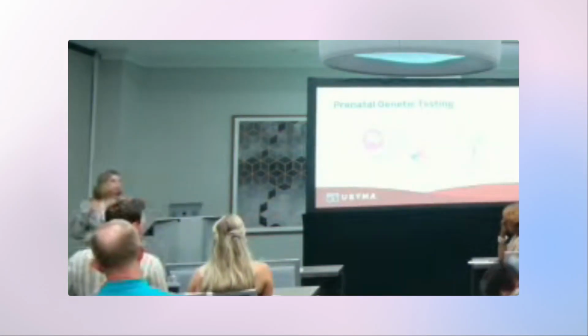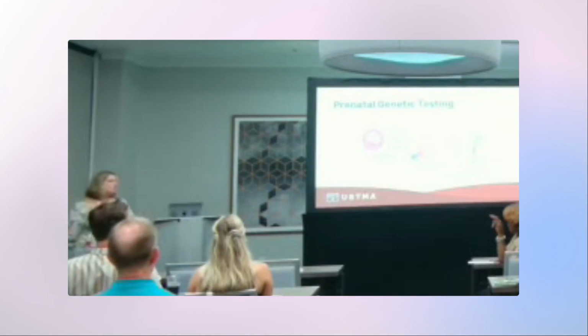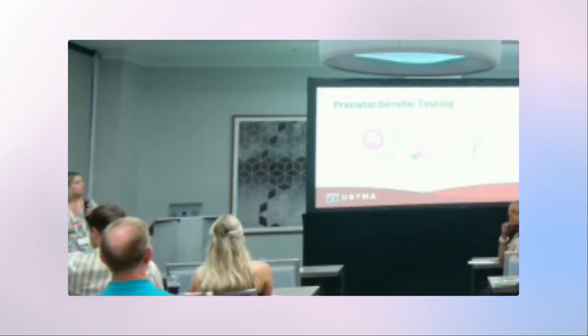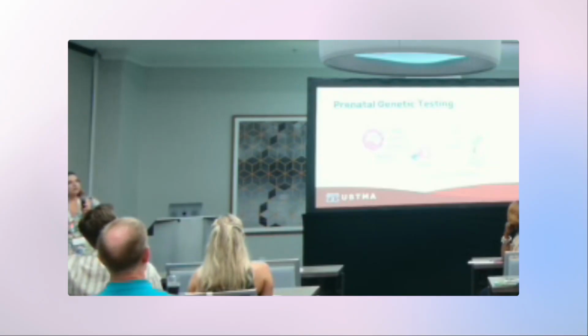Briefly, some people will choose to do prenatal genetic testing where they actually test an embryo. This is helpful when you know the specific genetic changes in the family. They're able to do IVF, where we take the egg and the sperm together outside of the body and create an embryo.